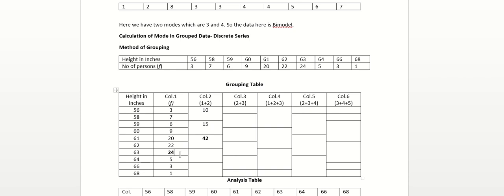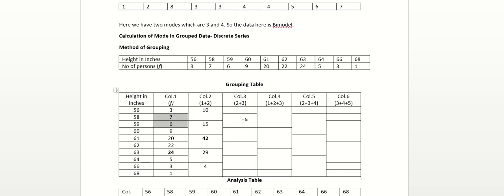Here 24 plus 5 becomes 29. Then 3 plus 1 becomes 4, right? So this is how we have calculated column 2. Now I will calculate the third column. For the third column, I will add observations 2 and 3. It means I will not add 3 and 7, but I will add this 7 and this 6.